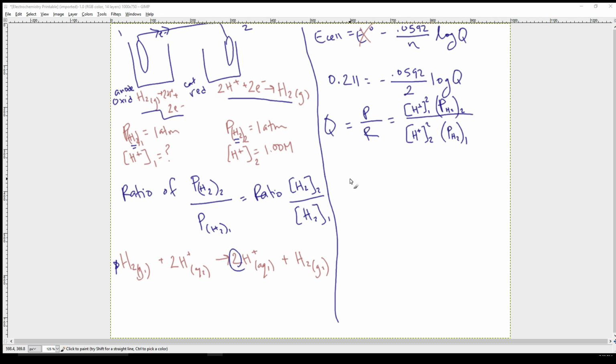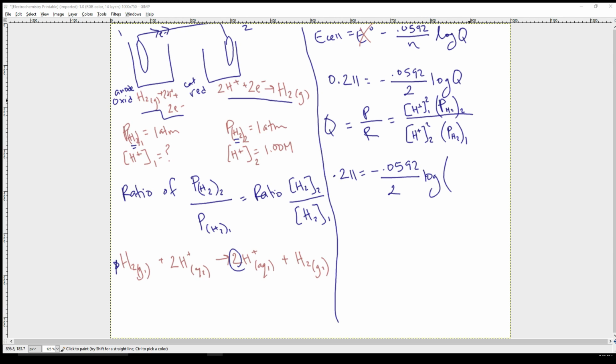So let's plug this in then. It'll be 0.211 is equal to negative 0.0592 over 2 times the log of, let's get all these numbers. I'll put little check marks to what we know, because they're all 1, the ones that we know.